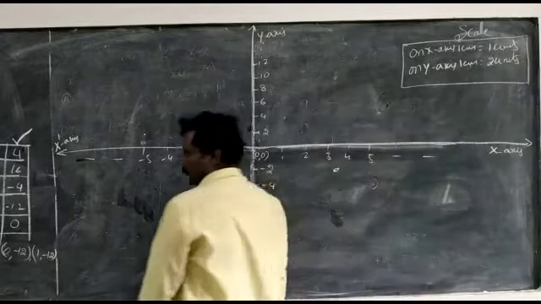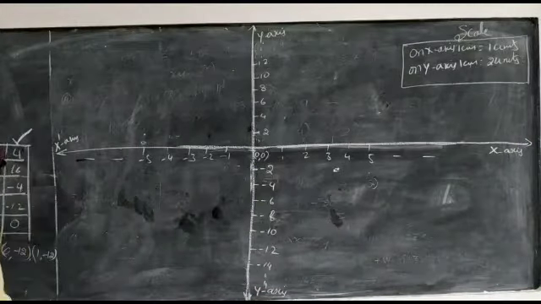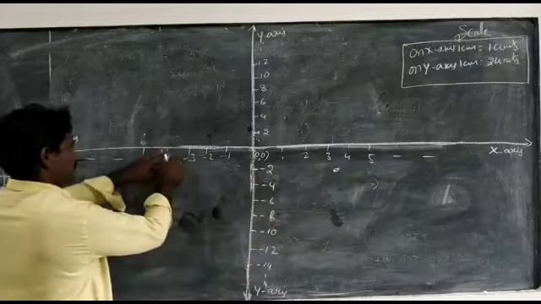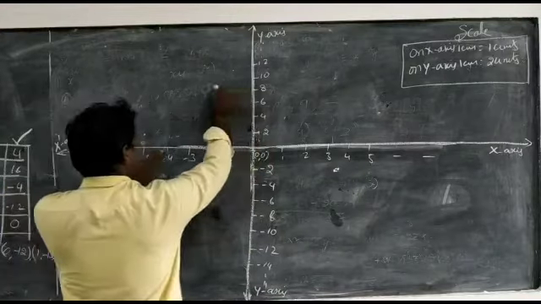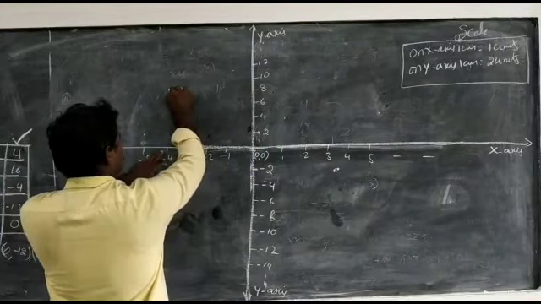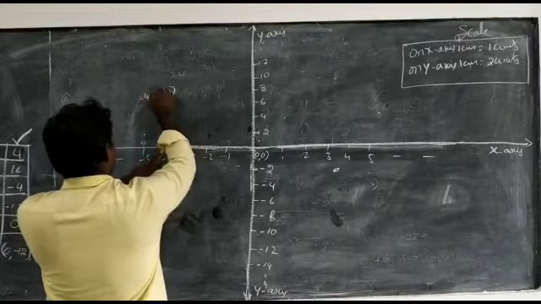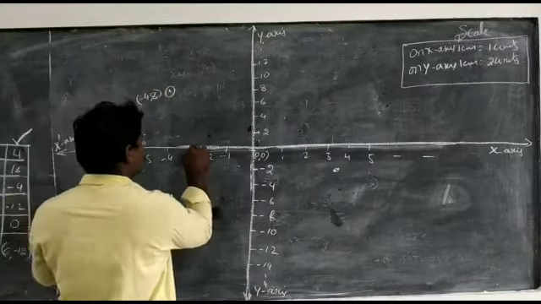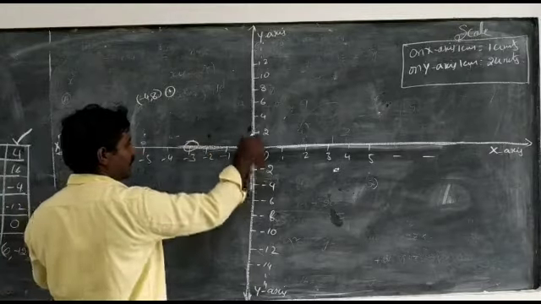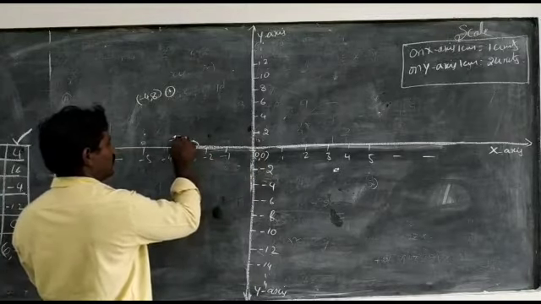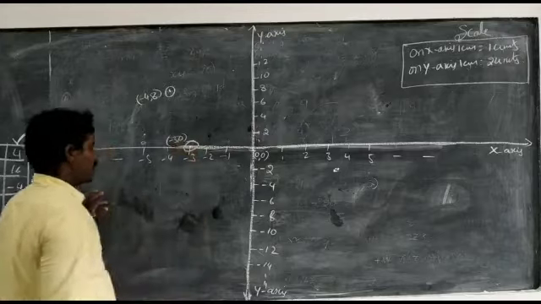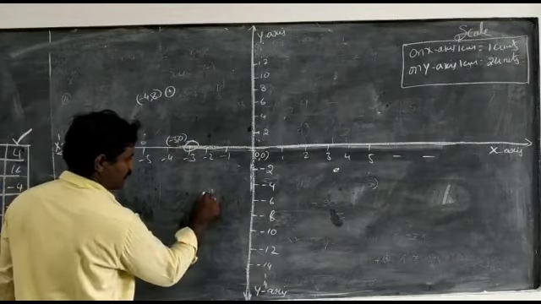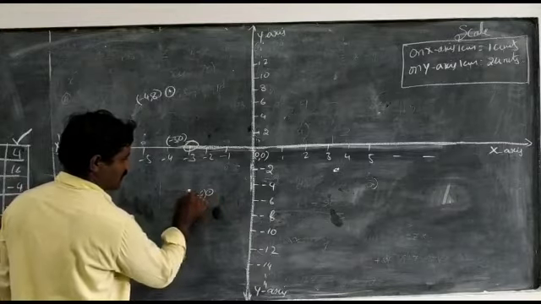And now the first vertex, minus 4 comma 8. The first coordinate is minus 4 on the x-axis and 8 on the y-axis. This is the point. Minus 3 comma 0. This is minus 3 and on the y-axis it is 0. And minus 2 comma minus 6.